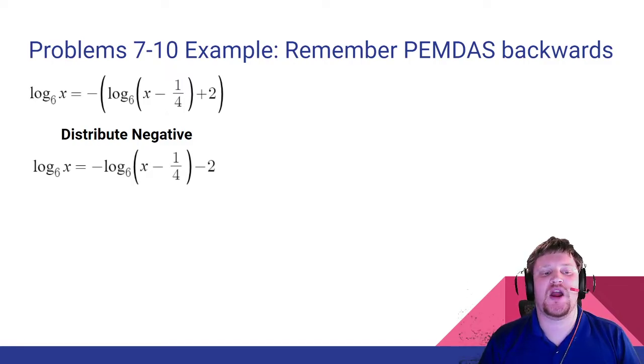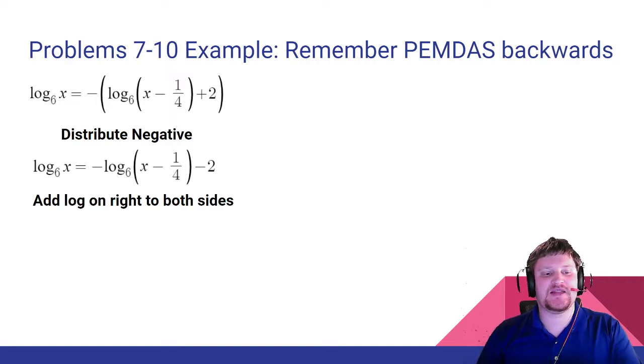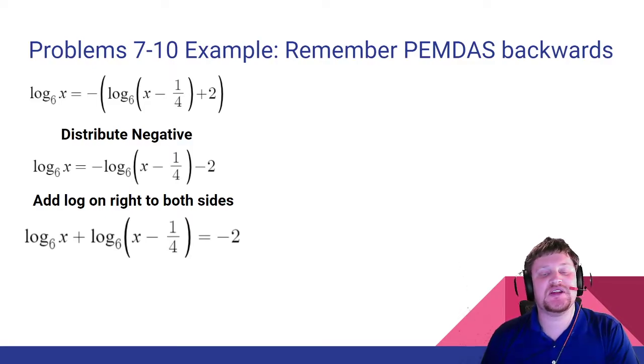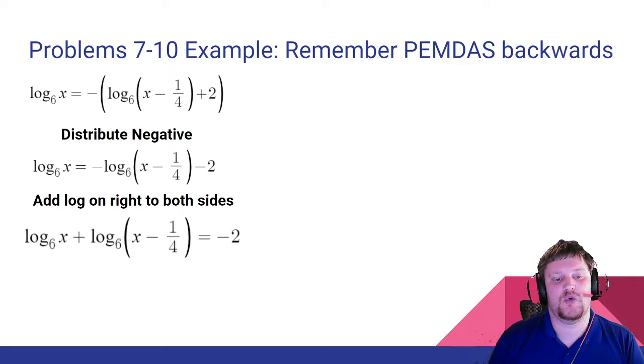Remember though, we're trying to get all of the x's on one side of the equation. So in this case, we're going to take that log on the right, log base 6 of x minus 1 over 4, and we're going to add it to both sides. That's going to just move it over to the left as addition instead of subtraction and just completely get rid of it on the right. We're done with it on the right.